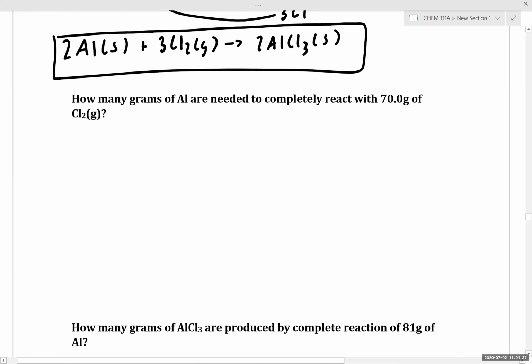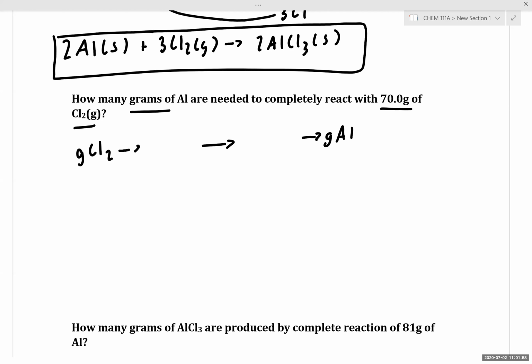Okay, so let's discuss this example. We're asked how many grams of aluminum are needed to completely react with 70 grams of chlorine. So we're going from grams of chlorine to grams of aluminum. And again, as the central theme for this chapter, in order to go from grams of one species in the chemical reaction to grams of another species in the chemical reaction, what units do we go through?